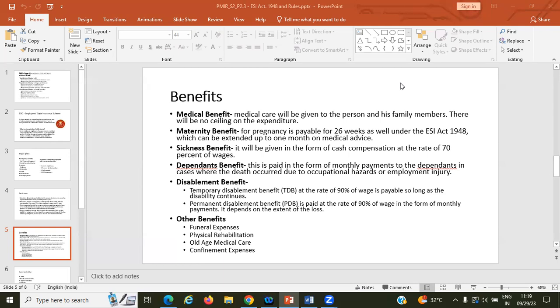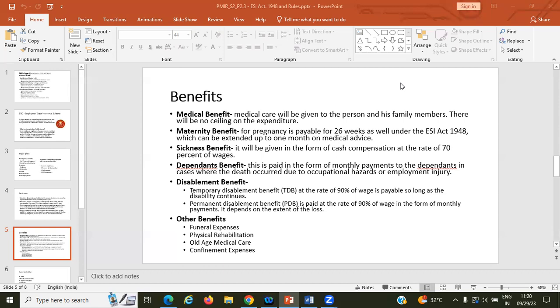Dependent benefits. The dependents in your family also get the payment. That means your family members, your spouse or your children who are dependent on you.